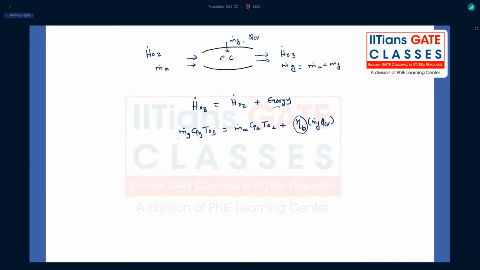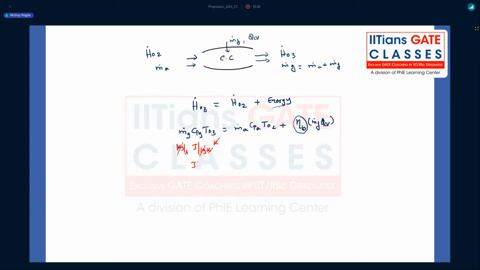Now look at the unit carefully. Mass flow rate of the gas, let me just use a different color, makes it easier. Mass flow rate of gas has kg per second, Cp has joules per kg Kelvin, temperature has the unit of Kelvin, so Kelvin cancels out, kg cancels out on both sides.